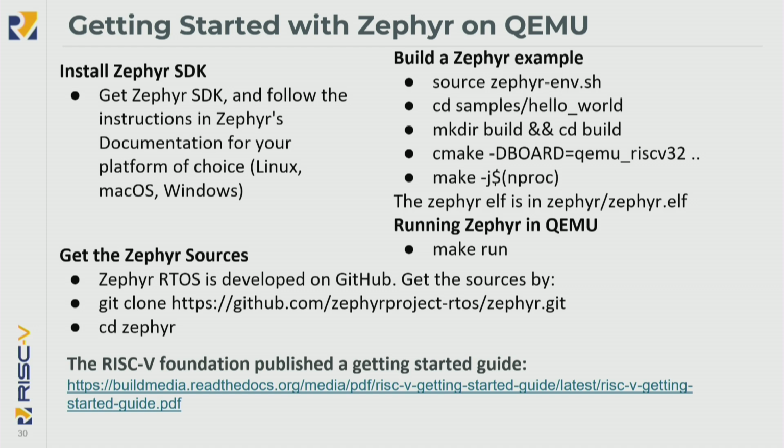Then simply cd into the Zephyr directory, source one of their included environment scripts, pick an example, and then run cmake with QEMU as the board target. Then simply type make, which goes and builds and produces an ELF binary. And to run it on QEMU, just simply type run. The RISC-V Foundation also published a getting started guide for this as well, and I provide the link here.